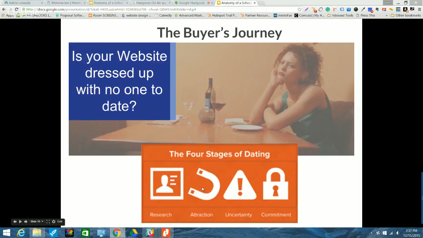Let's take this out because I don't want to talk about the 4 stages of dating. Let's take that out and just find a pretty picture, and that's all I'll need for this one, because I just want to say at this point that just having a pretty website isn't enough, and that's all I need to say. Is that okay? Yeah, sounds good. I was just looking for one actually.